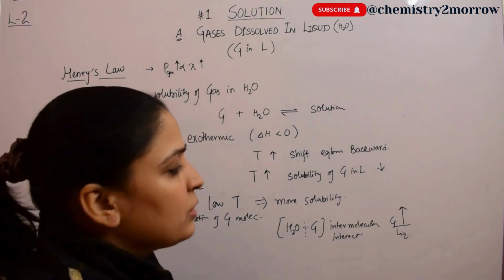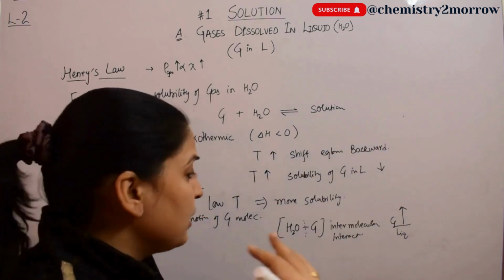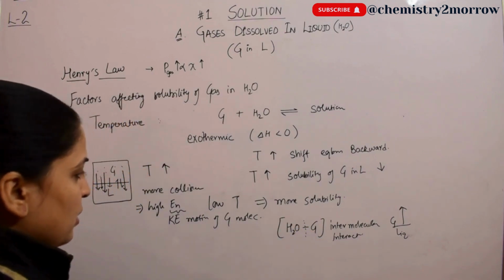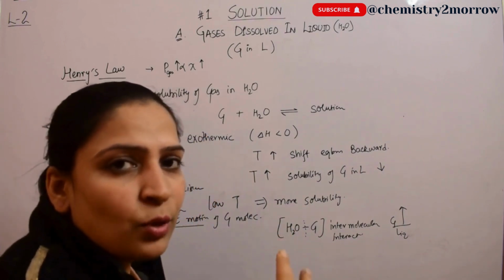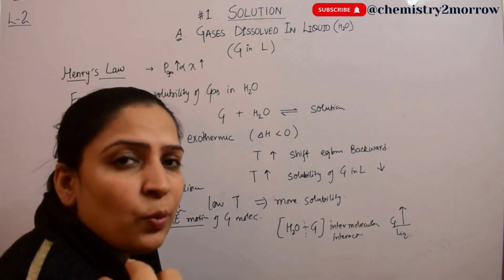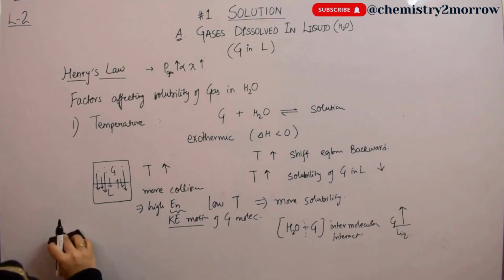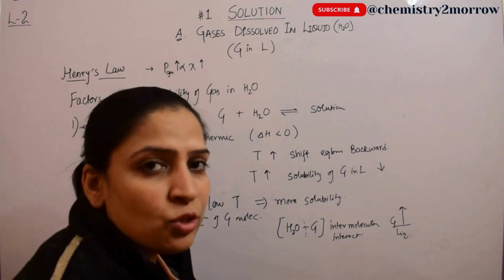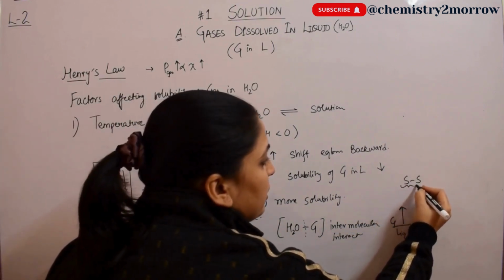And if gases which are already dissolved in liquid are going out to the gaseous phase, it means the solubility will decrease. Because of the increased motion or increased collision of the gaseous molecules, the dissolved gaseous molecules will tend to come out of the liquid and will decrease the solubility. Whereas in case of solids in liquid, the temperature is actually causing a break between solid-solid phases.